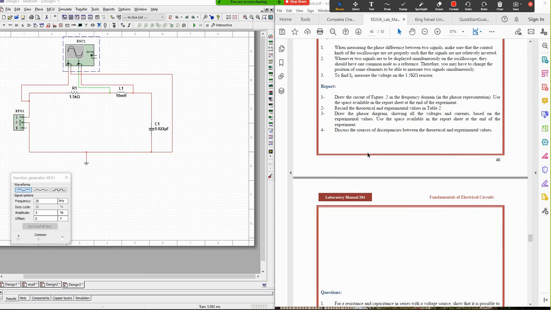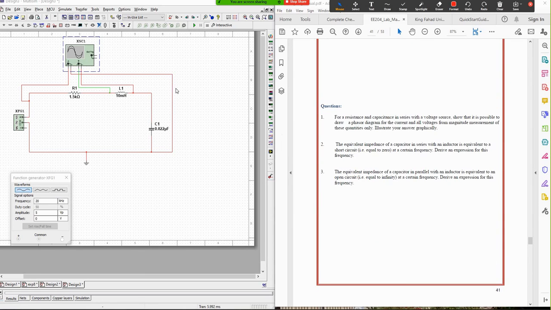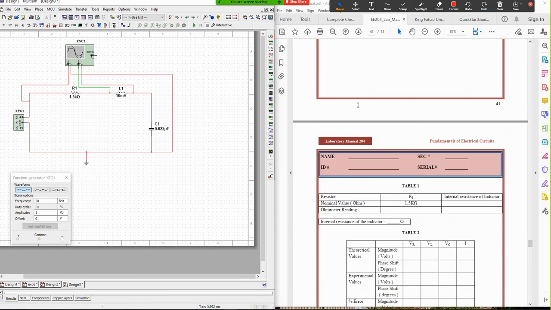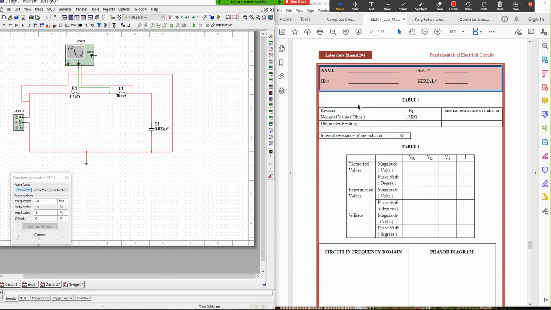So in conclusion, this is how we can simulate the circuit in the frequency domain, and you need to attach your screenshot of your simulation in the report. While you are taking values in the resistor, you have to show the screenshot of the oscilloscope.